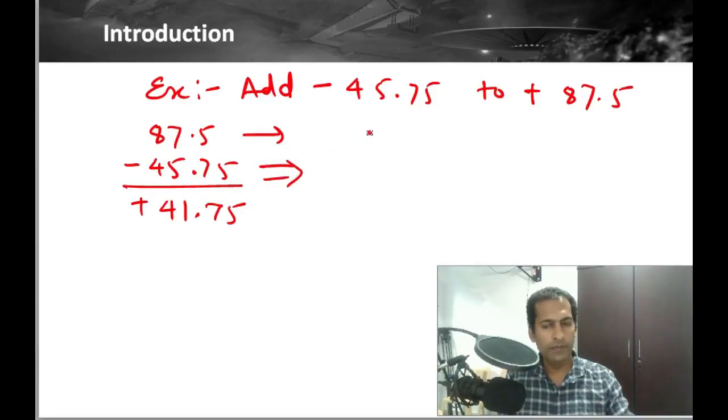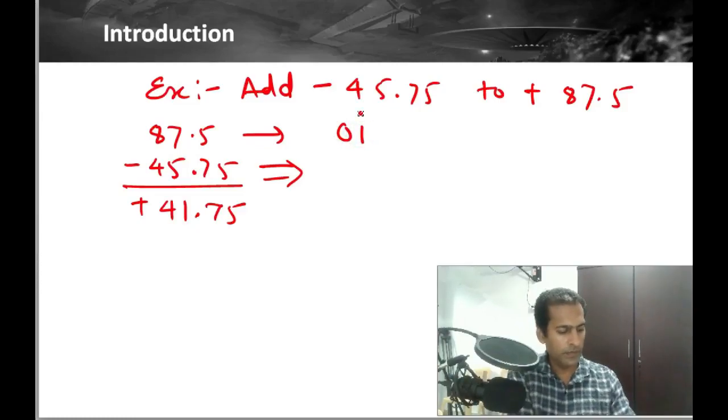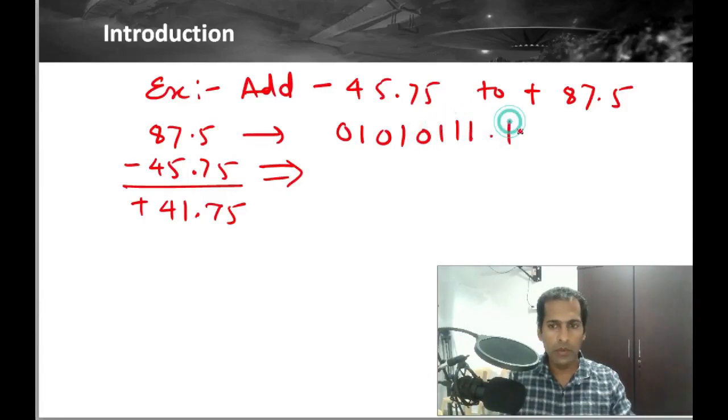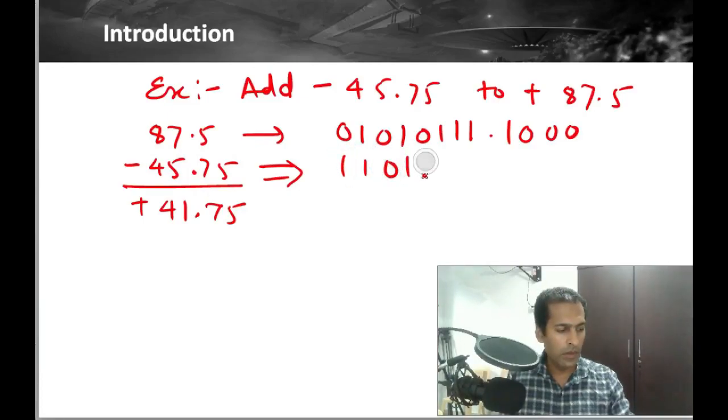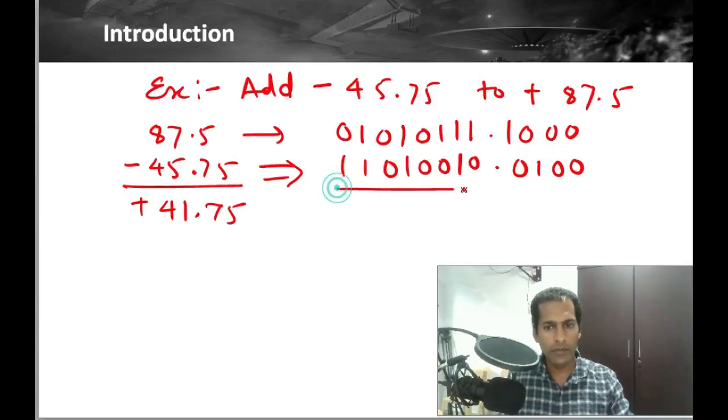Say we have 0 1 0 1 and then we have 0 0 1 0 1 0 1 0 1 1 1.1 0 0 0 1 1, 0 1 0 0 1 0 point 0 1 0 0.